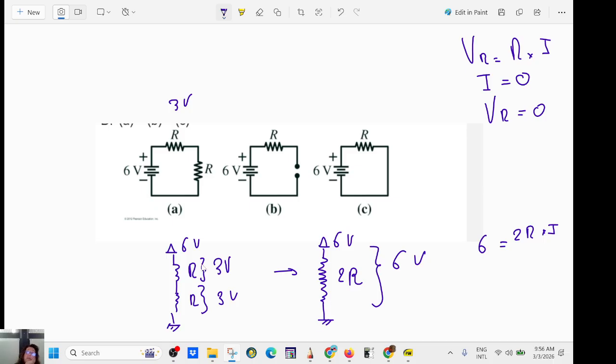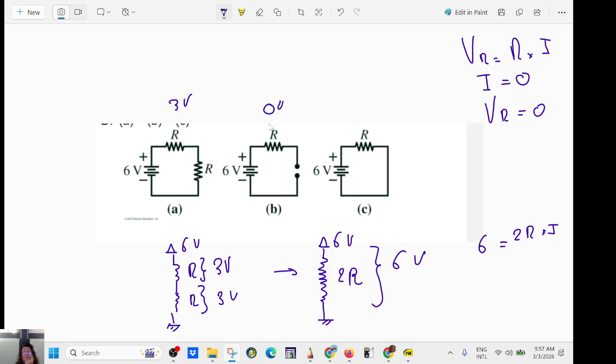But here you see the voltage is the same because the appetite is the same. So what do you think the voltage drop here is?